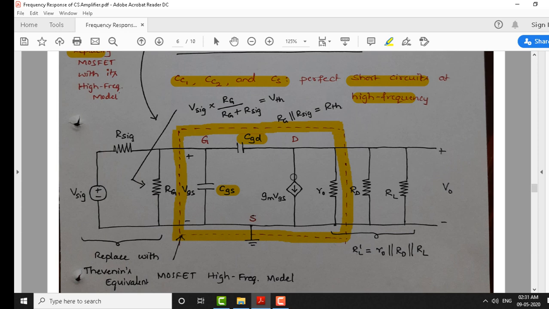This is a dependent current source. The magnitude of the current flowing here is GM times VGS. The current flowing here depends on the gate to source voltage applied here. The high frequency model also contains the resistance R0. This resistance R0 models channel length modulation.